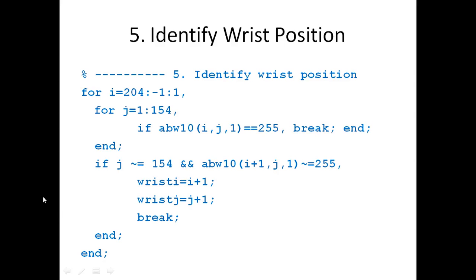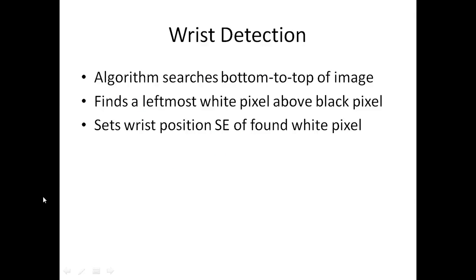Now, to identify the wrist position, I basically looked for a smooth spot and assumed that was the arm, and then found a crook in the image, and that's where I counted it as the wrist. Basically, it searches from the bottom to the top of the image, finds the leftmost pixel, and sets the wrist position at the first pixel that's off that edge.